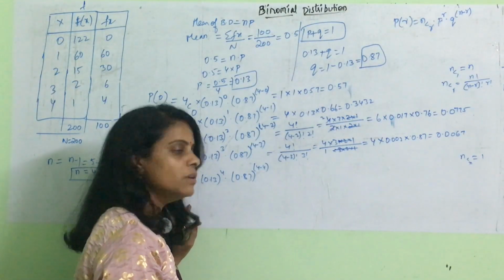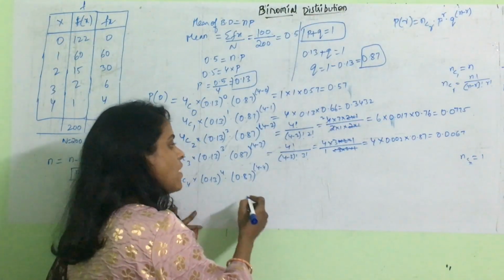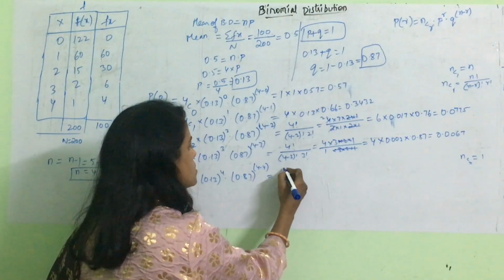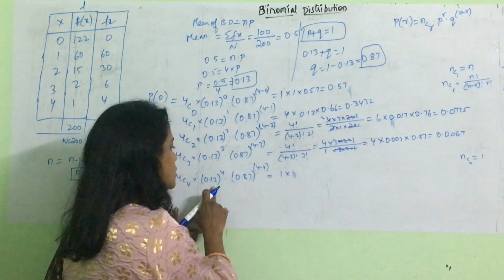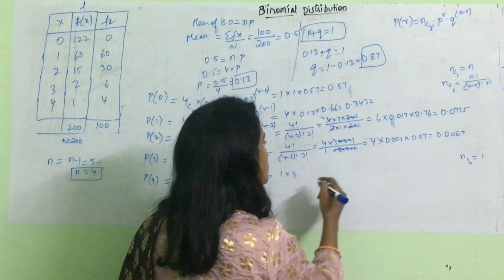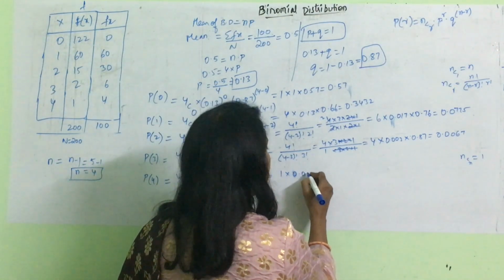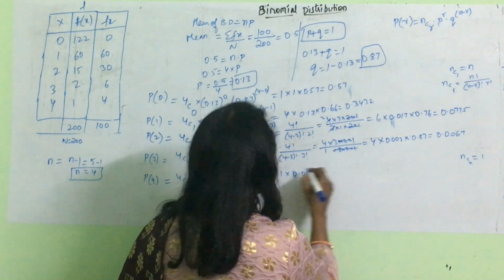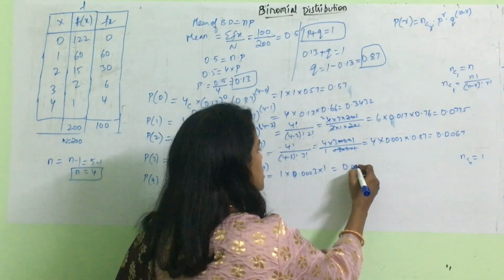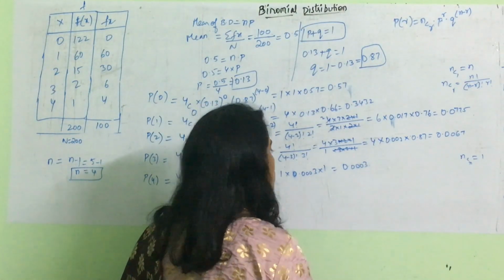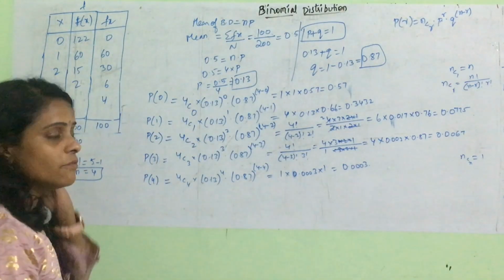So what is the value here? 1 into 0.13 to the power 4. 0.13 to the power 4 is 0.0003, into, again, to the power 0 means 1. So the total value is 0.0003. Done with all the values.